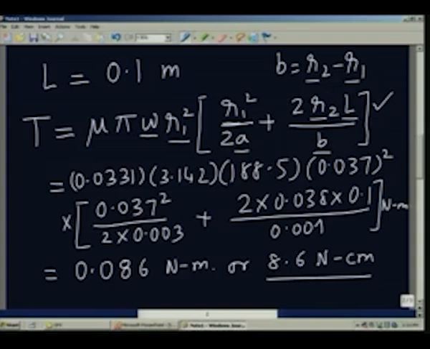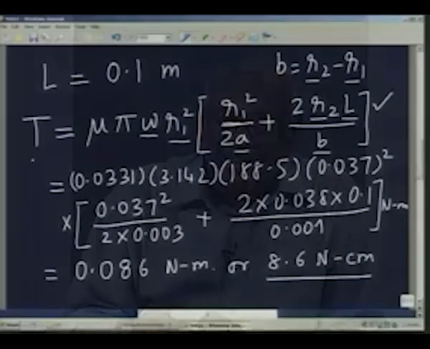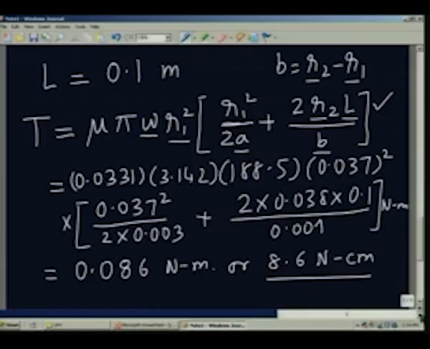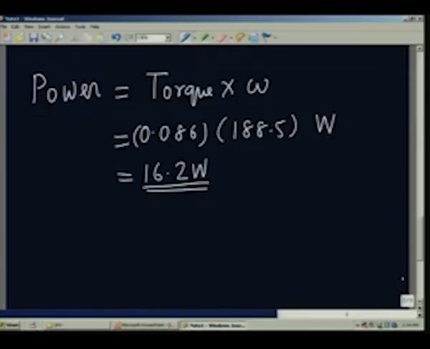Then use the error propagation formula and work out the error in the estimated value of T. At the next level, to calculate the error in the estimated power, we use the power formula P equal to T omega.